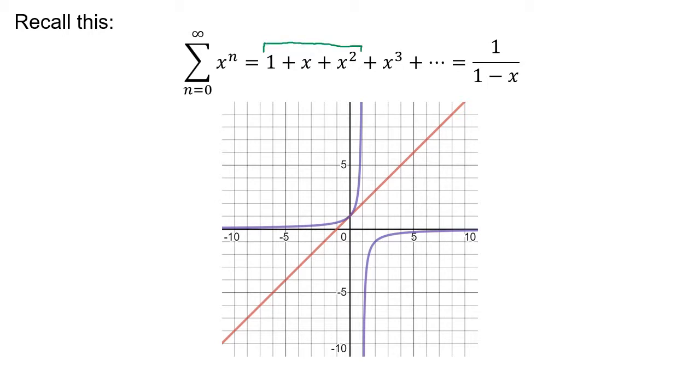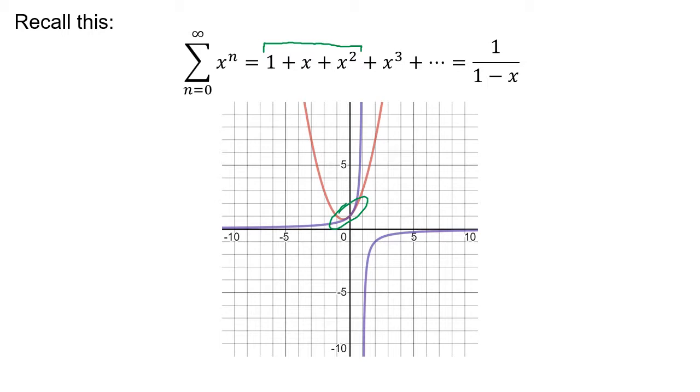Maybe we go out to the third term and make it an x squared. So we'll get a parabola like this. That parabola gives you a little bit better approximation because you're getting more overlap in this area right here. And so we could probably go out to 0.25 either way and get a fairly good approximation.